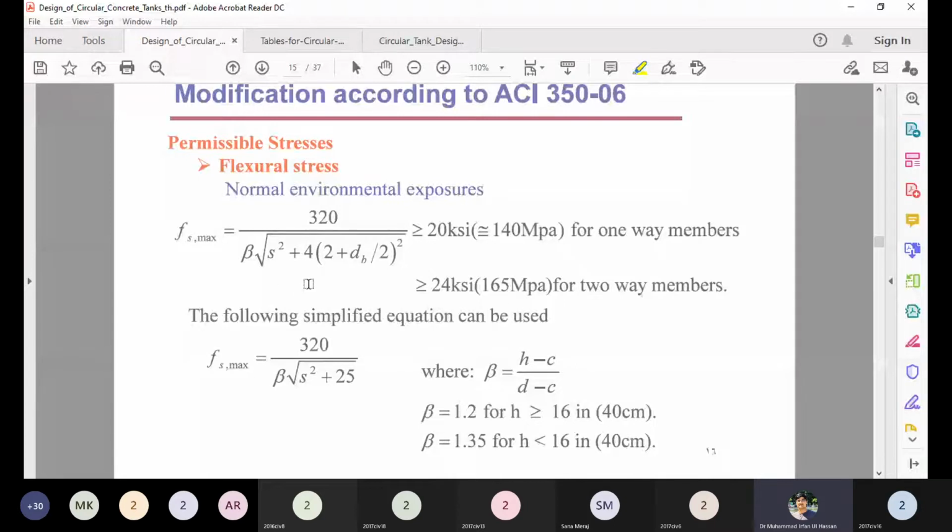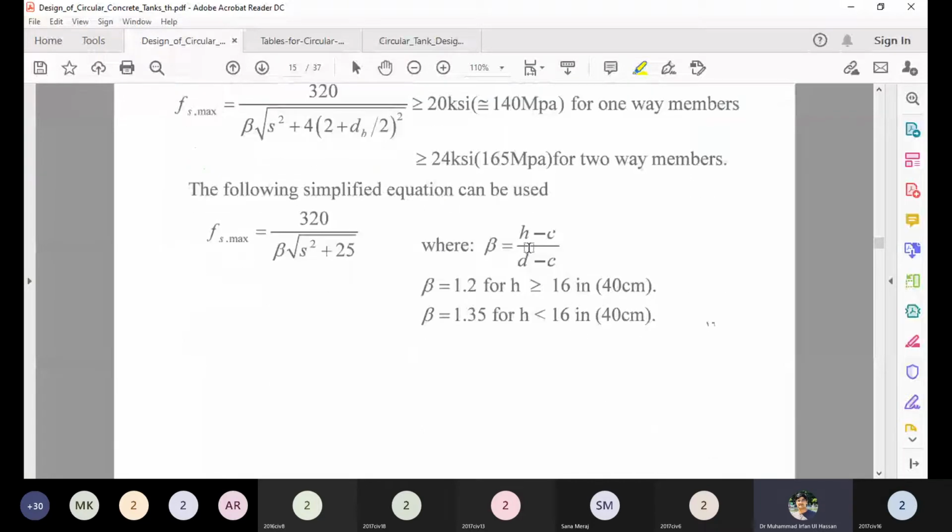S is the spacing of the reinforcement. db is the diameter of the bar. So we can see that generally the limit is normally taken as 20 ksi or 140 megapascal for the one-way members and 165 megapascal for the two-way members. It should be larger than that. So these are the limits of the flexural stresses.